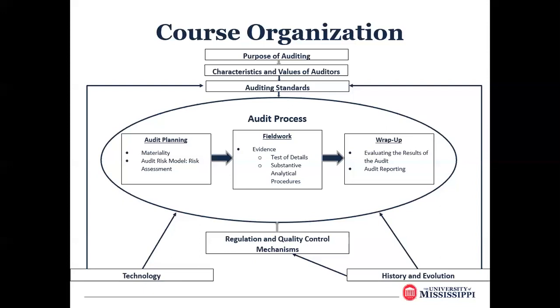But then as we go through the audit process, we're also going to talk about the audit standards over each of these phases of the process. And we're going to think about how history and events have influenced how those standards are structured and how audits are conducted.